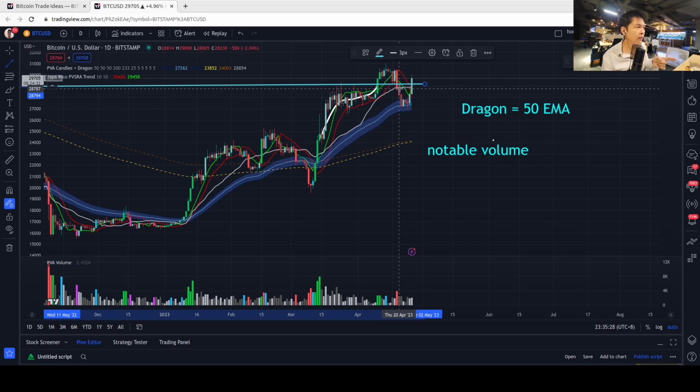So you would have made a little bit more US dollars if you closed on the next level of resistance.